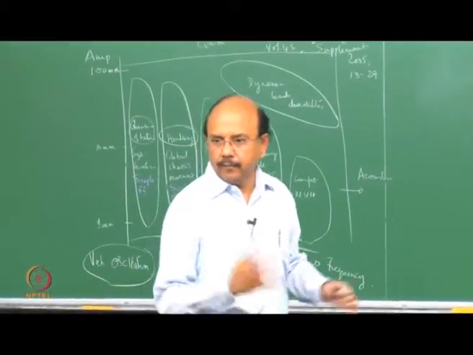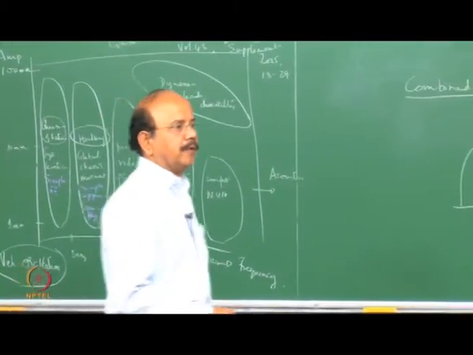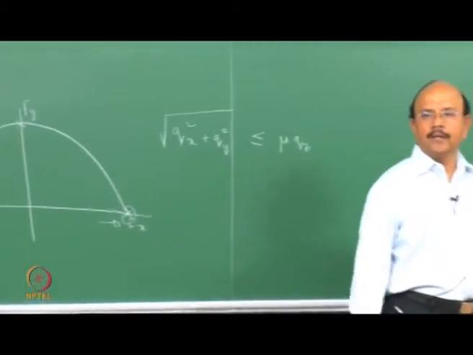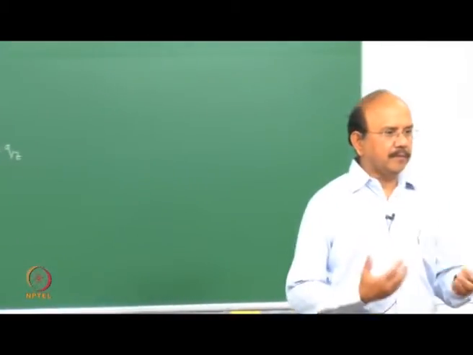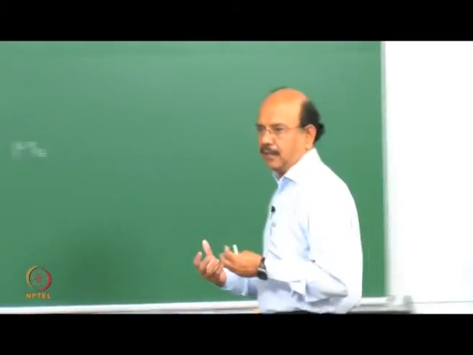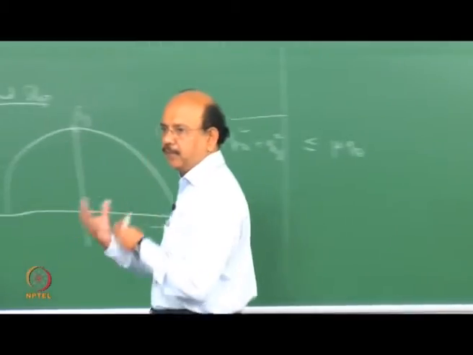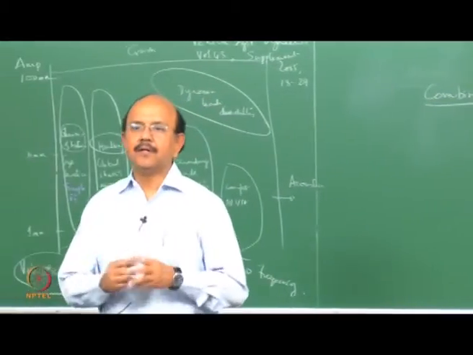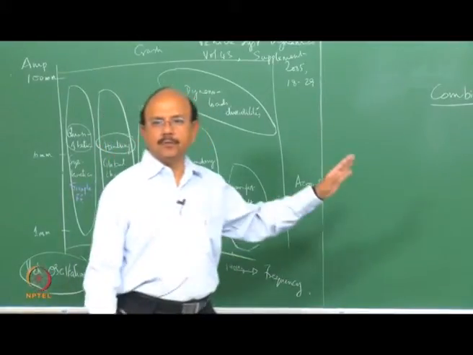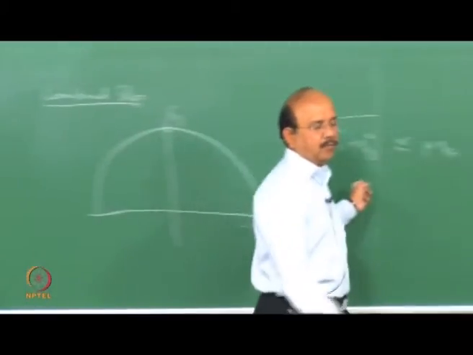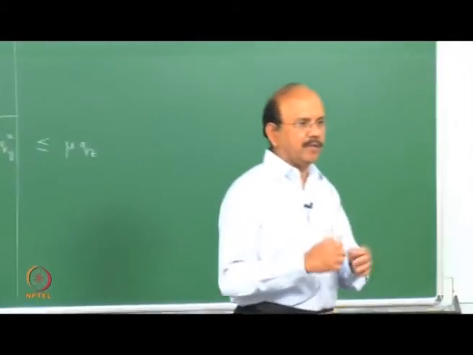If you give it like this, actually it should be a circle, but qx and qy need not be the same in the longitudinal and the lateral directions, because the forces are split in the ratio of the slip and so on. So practically this wouldn't be a circle, but a sort of distorted ellipse.